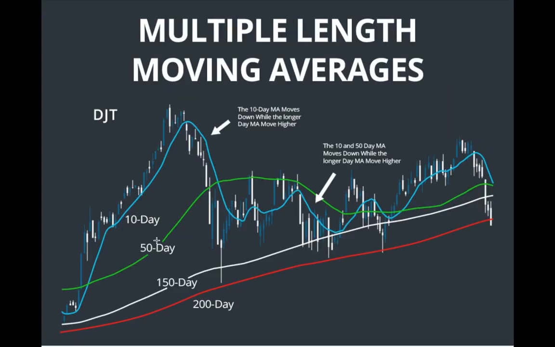The 10 and the 15, the 10 and the 13, or the 5 and the 13 are really, really short-term trades. They're like 6 to 7-day trades, all right? And when they cross over, that usually tells people to get out. But if you notice, you got the 50-day. This says 150 days. I mean, there's so many different averages people use, but you're gonna always hear about the 200-day.